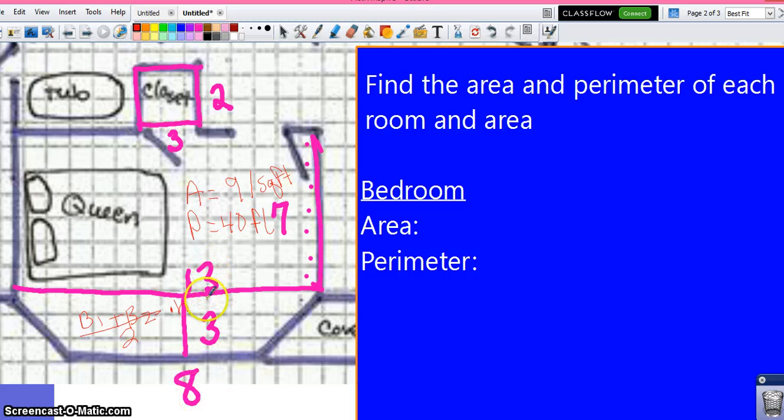So you add these up and you'll get 21 over 2, times the height of this, which is 3. So that's going to give you 10.5 times 3, which is 31.5.